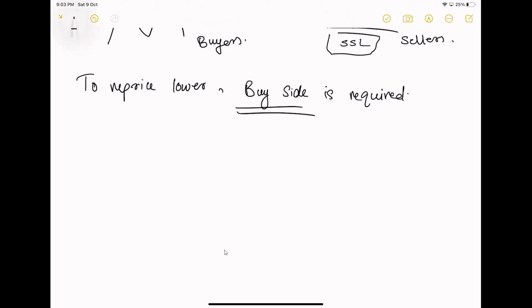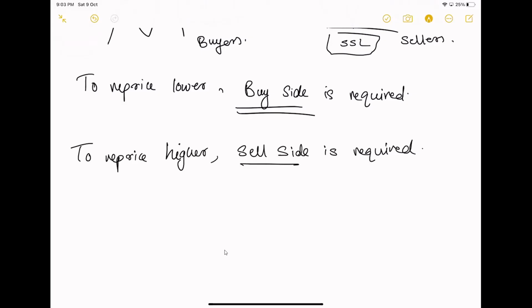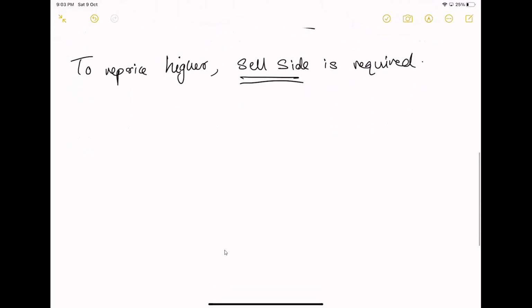Then, in order to reprice higher, sell side is required. So what does that mean? That means that if you look at this here, you have structure here, then you have that.